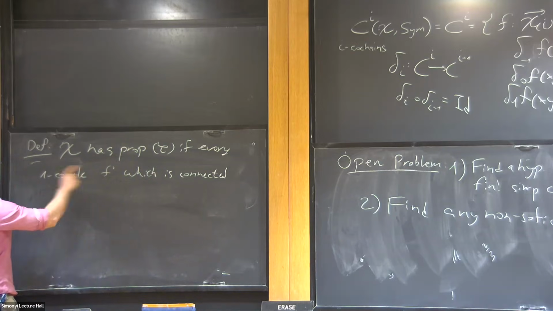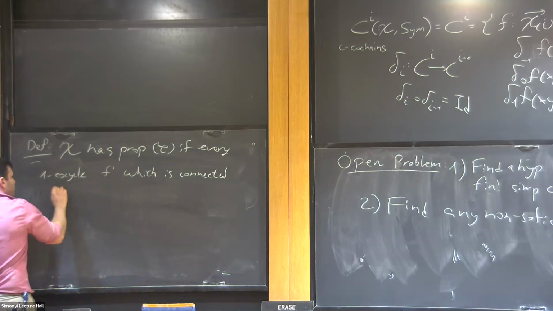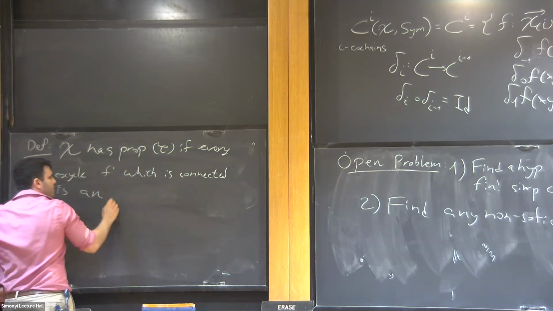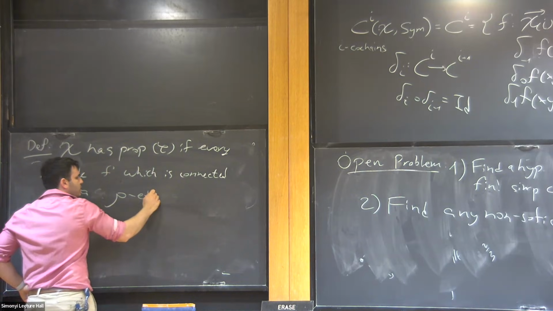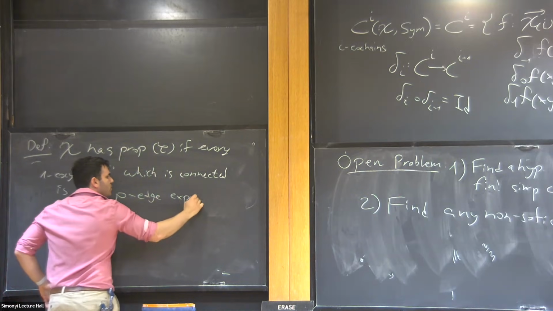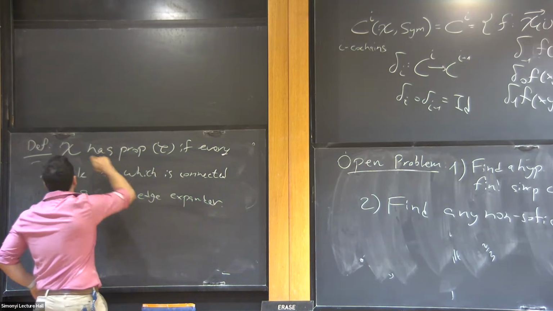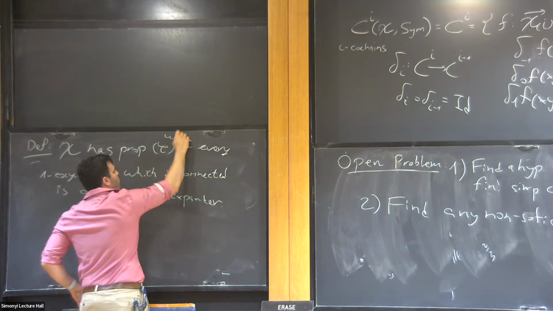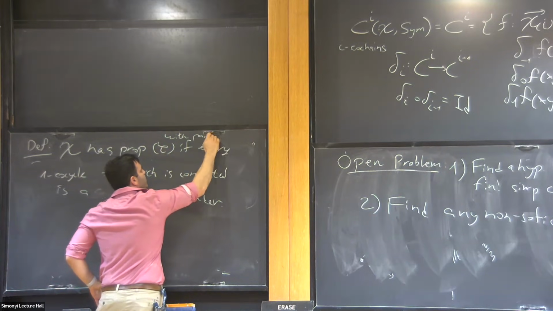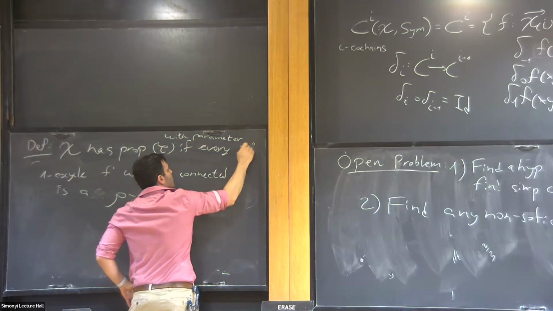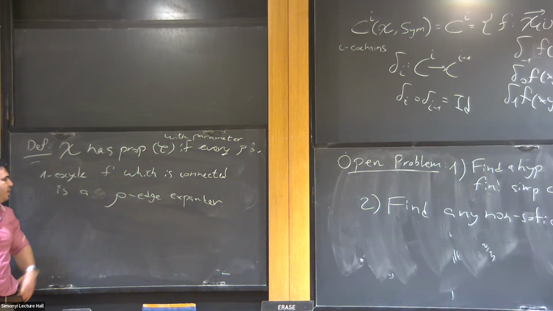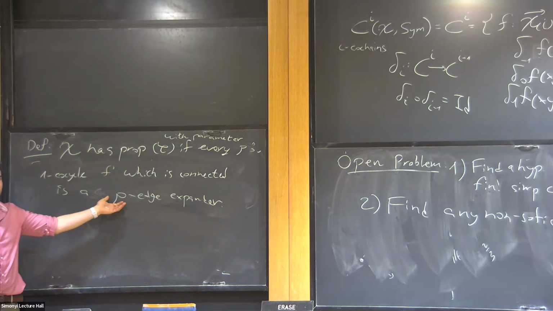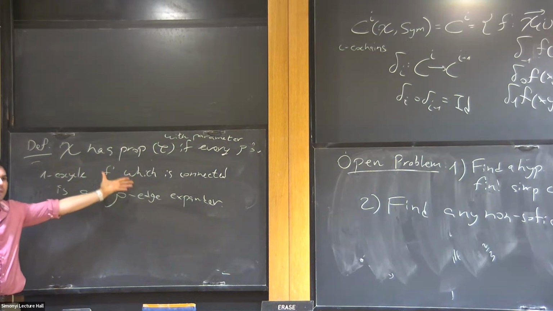So you restrict yourself only to those one cocycles which are connected. So if every one cocycle F which is connected is a rho edge expander, then X has property tau with parameter rho larger than 0, if every vertex set of size at most half the size of the vertices in every connected covering expands by at least rho.